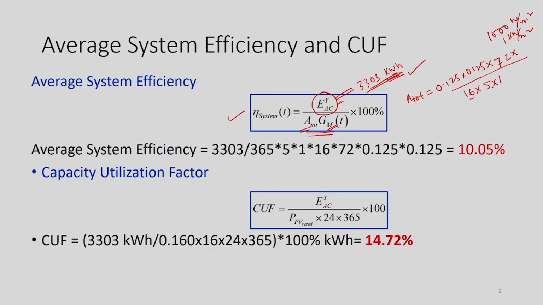So, this is 16 into 5 into 1, and how many days? It is 365 days. So, it becomes the yearly amount of radiation received by the solar panel.